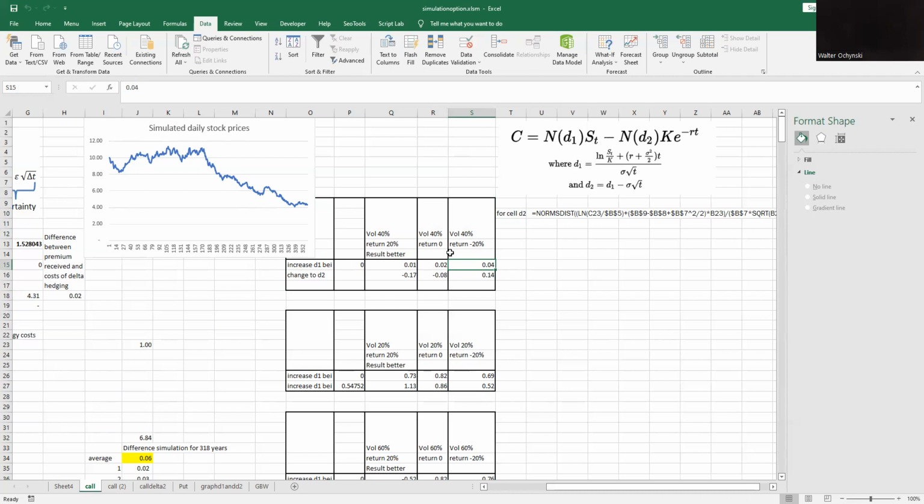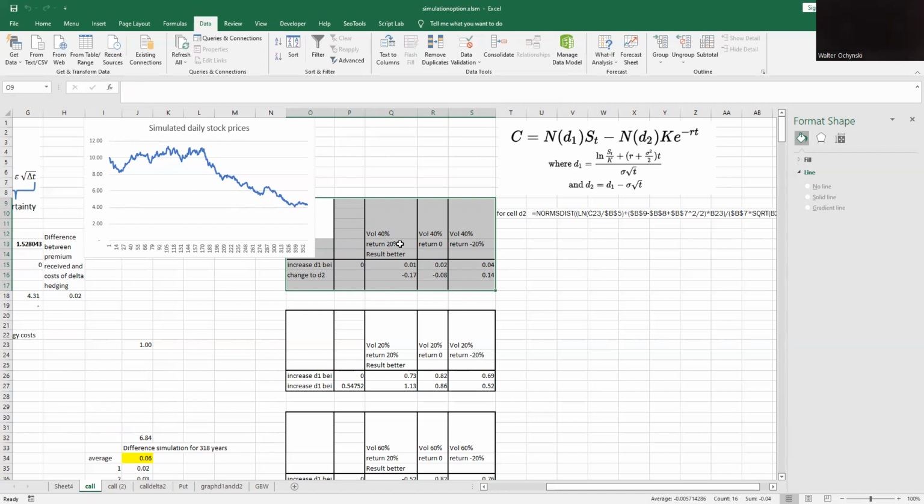However, the Black Scholes model tells us D1 is the delta. It is what we should use as the hedging for our portfolio. But let's assume that we do the hedging not according to D1, but according to D2.